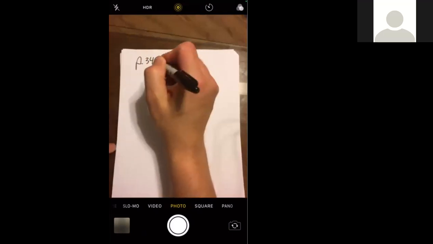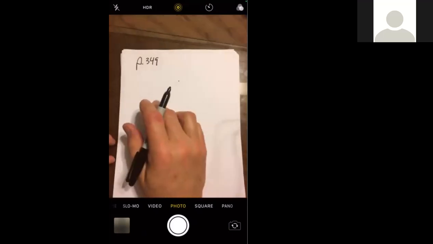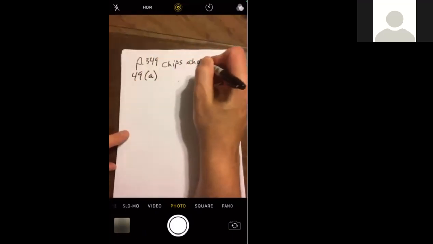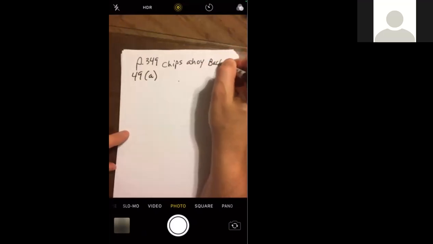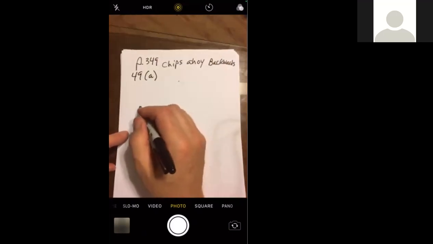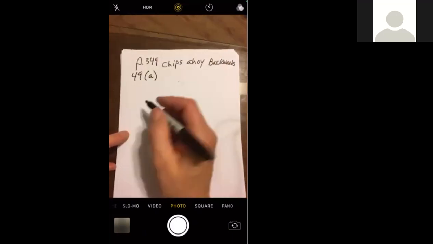Okay. Let's try page 349, problem 49A. This is the Chips Ahoy backwards problem. So they want you to find the 30th percentile.